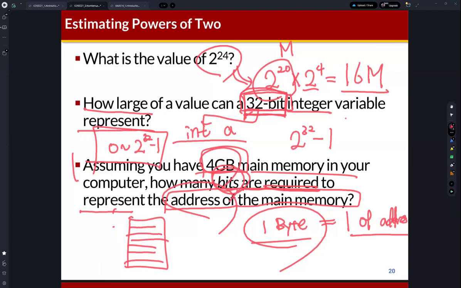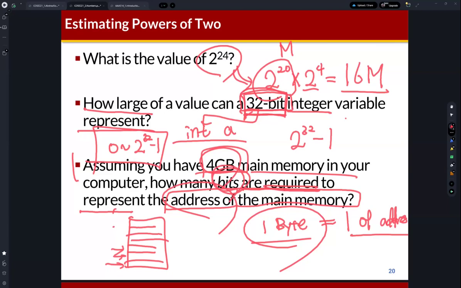And in order to figure out the location of data, we use an address. And address number 1 is assigned to 1 byte of data.